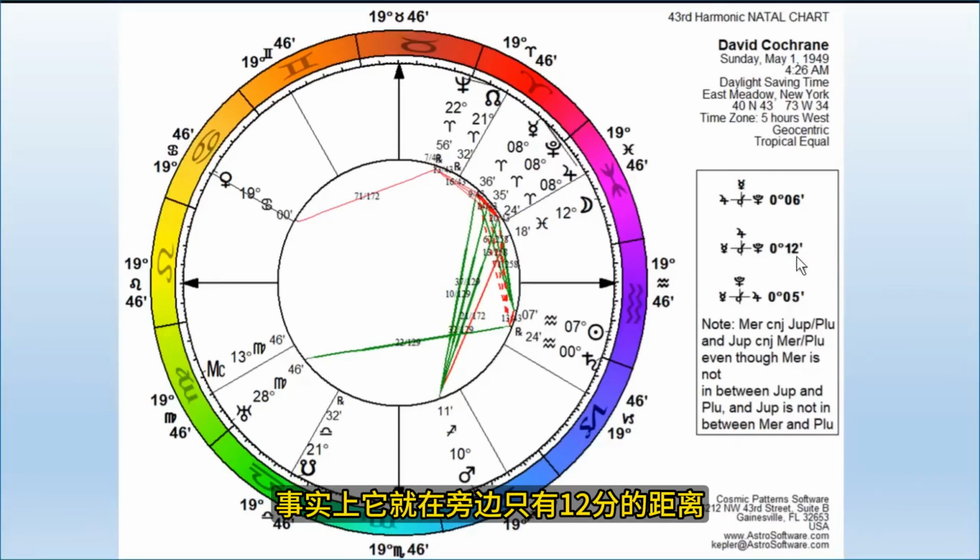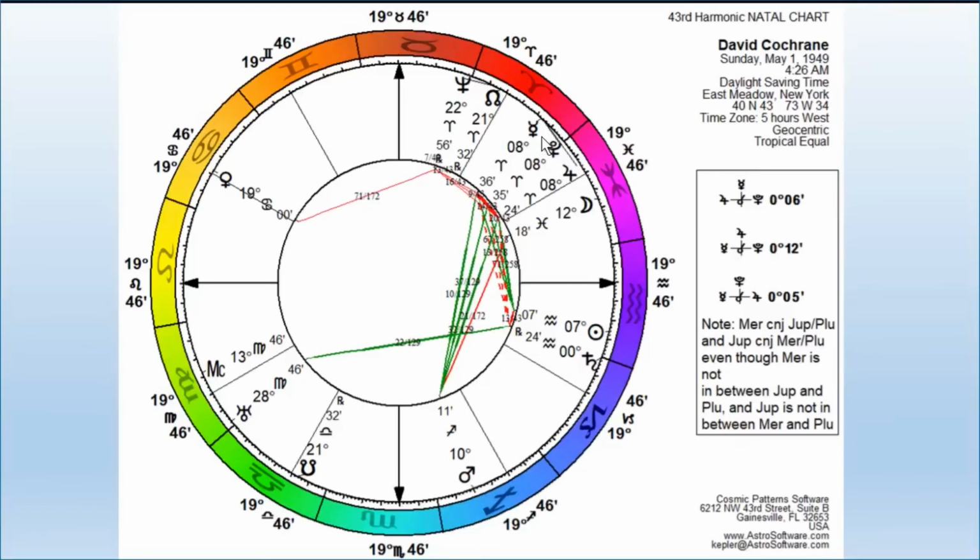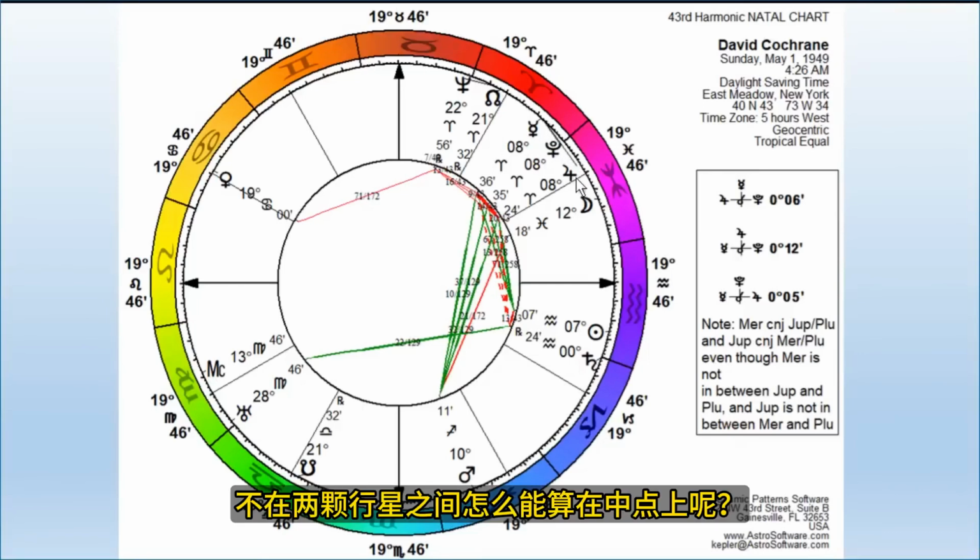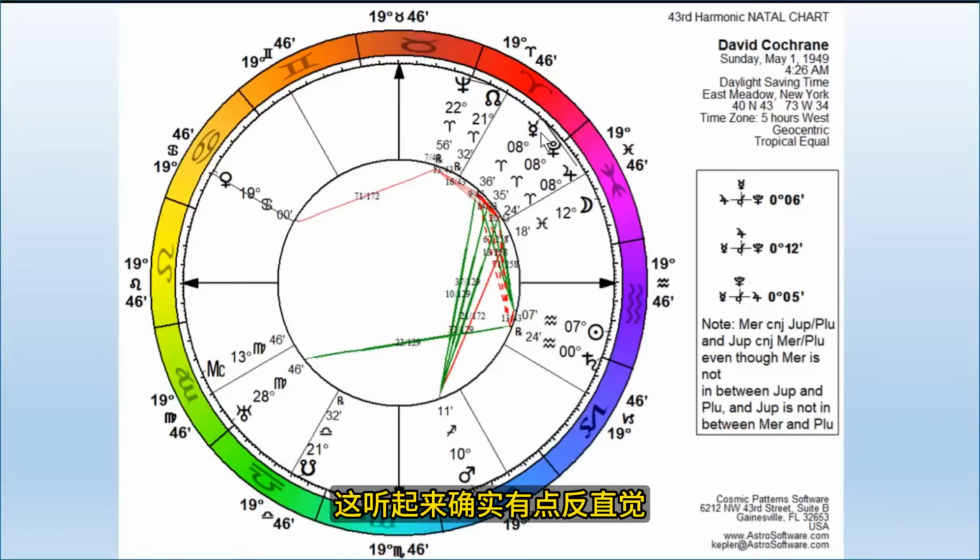It's only 12 minutes. On the other hand, some people have thought this looks peculiar. Jupiter's at the midpoint, but it's not in between them? How can Jupiter be at the midpoint, but it's not even in between the two planets? It might seem like an odd idea. Well, the evidence is that Jupiter is at the midpoint of Mercury and Pluto.